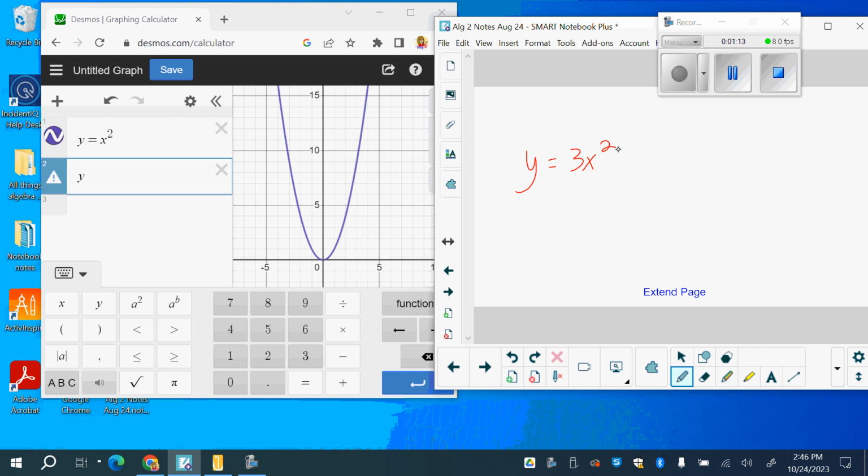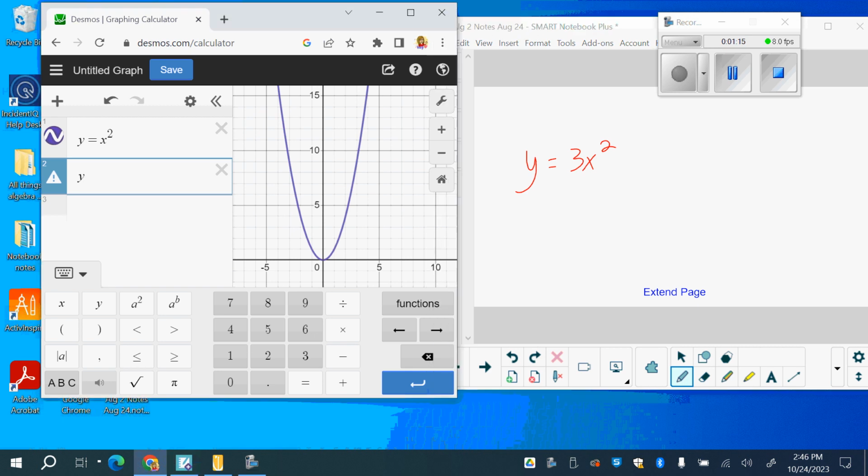So let's see what it does. No, skinnier. Skinnier. So the red is the 3x squared. So it actually makes it skinnier.